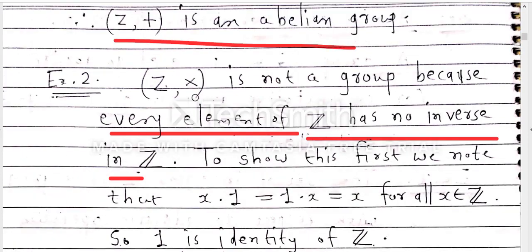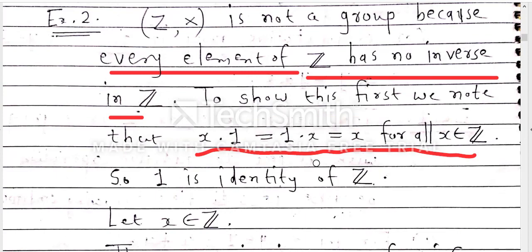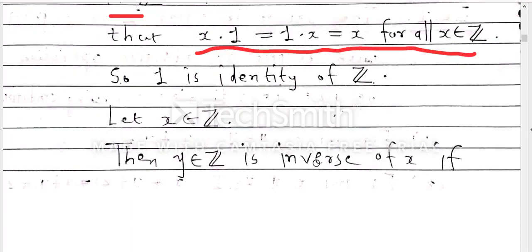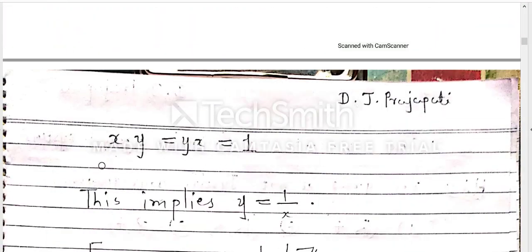To check, we first know what is the identity of Z with respect to multiplication operation. So identity is 1. We know that x into 1 equal to 1 into x equal to x for each integer. So 1 is the identity of Z. Now if any element of Z has an inverse, then you must have x into y equal to y into x equal to identity.